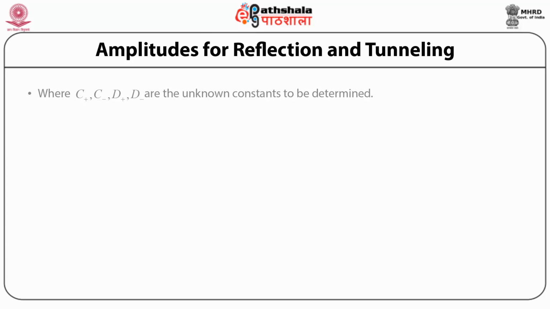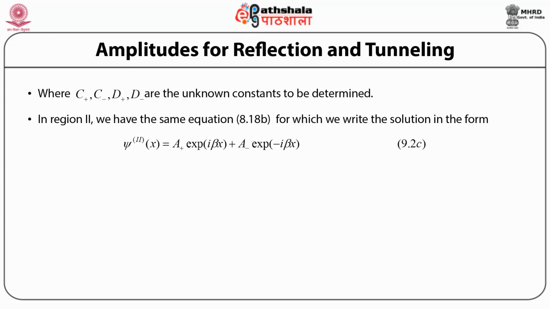In region 2, we have the same equation as equation 18b in the previous module, for which we write the solution in the form psi of x in region 2 is equal to A plus into exponential iota beta x plus A minus into exponential minus iota beta x, so that it appears similar to equations 2a and 2b.